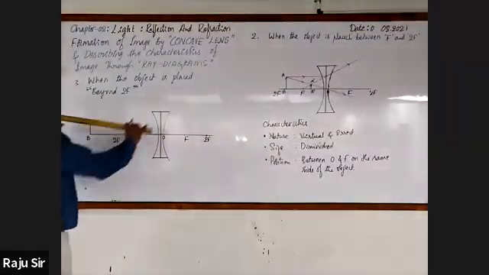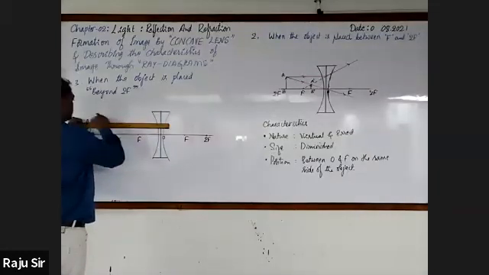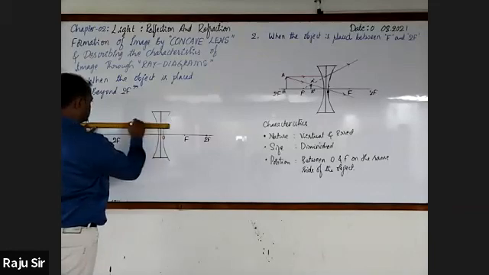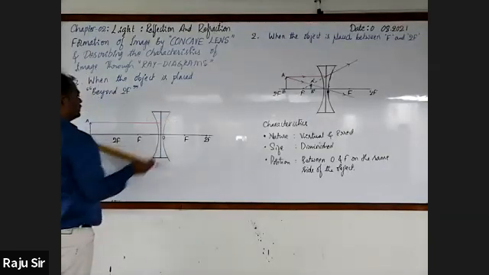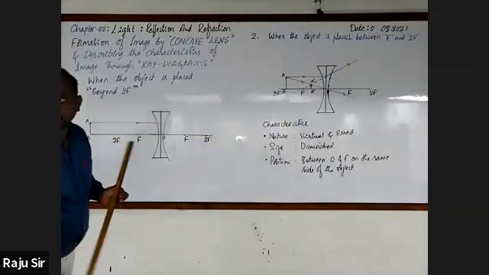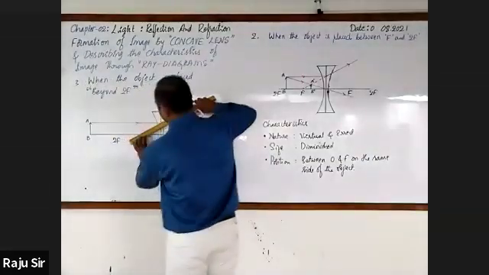First ray is parallel to the principal axis. Draw that. This ray appears as if it is diverging from the focus on the same side of the object. Here.